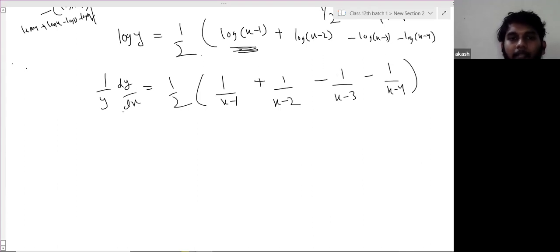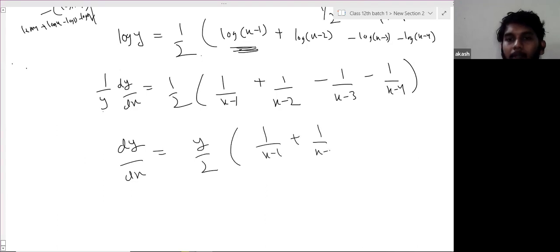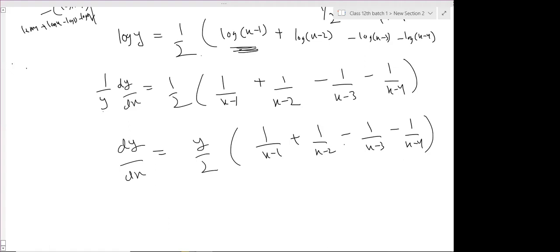All right, and multiply this y also to this side: dy by dx equals y by 2 into 1 upon x minus 1 plus 1 upon x minus 2 minus 1 upon x minus 3 minus 1 upon x minus 4. All right, I hope this is clear, Krishna. Yes, sir.